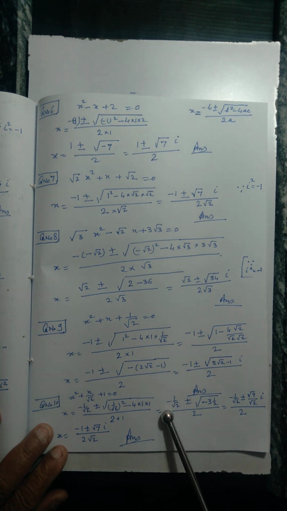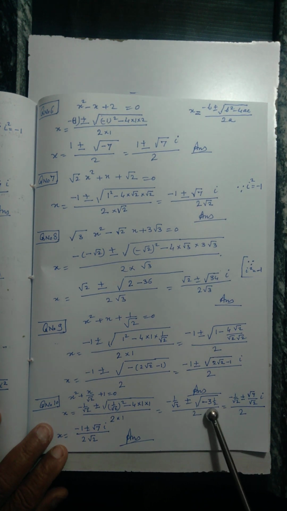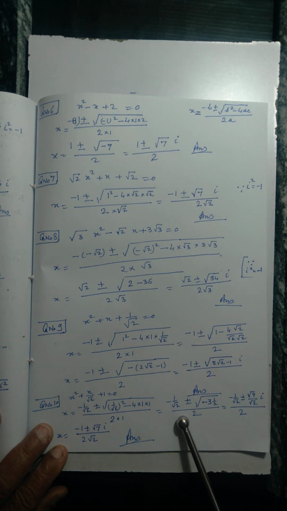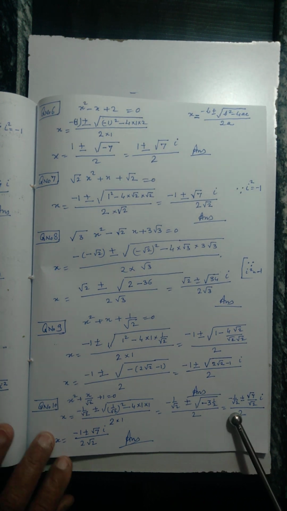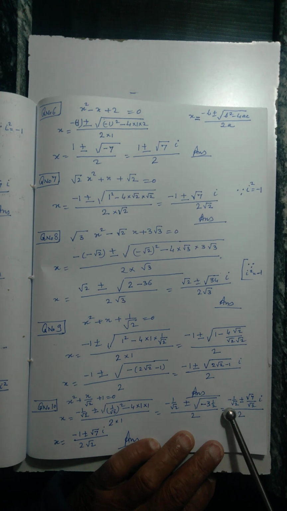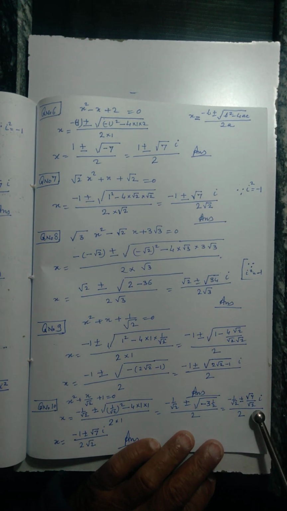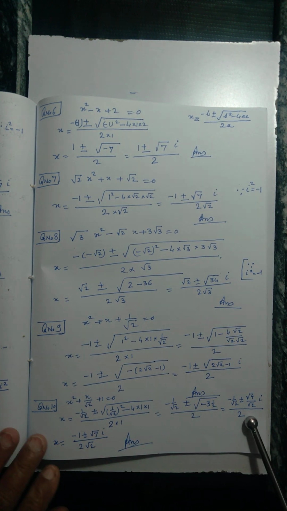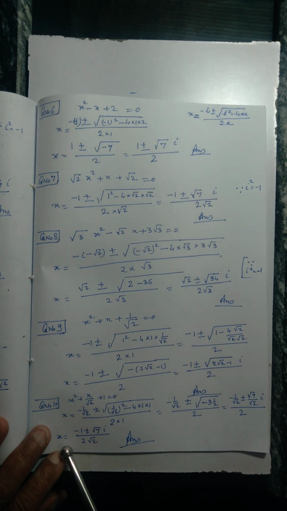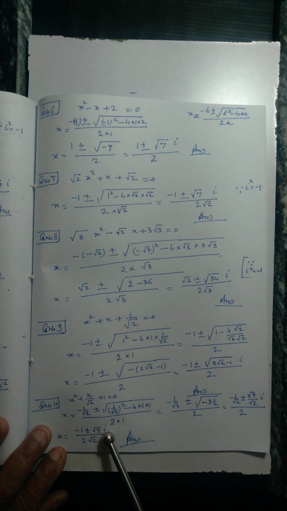If you further solve it, you will get minus 1 by root 2 plus minus root of minus 3 and 1 by 2, whole divided by 2. If you further solve it, you will get minus 1 by root 2 plus minus root of 7 by root 2 iota by 2. It will be equal to x is equal to minus 1 plus minus root 7 into iota by 2 root 2. This will be the answer of question number 10.